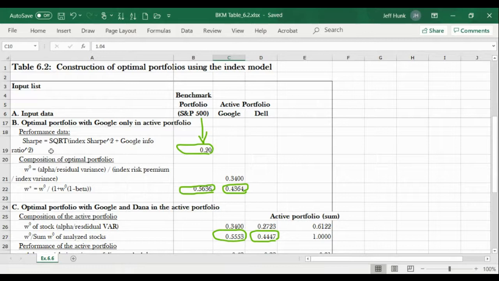Now the Sharpe ratio of the active portfolio is basically the index Sharpe ratio squared plus Google's information ratio squared, and take the square root of that, because Sharpe ratio is.